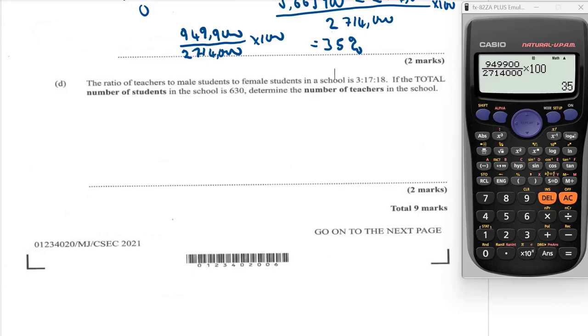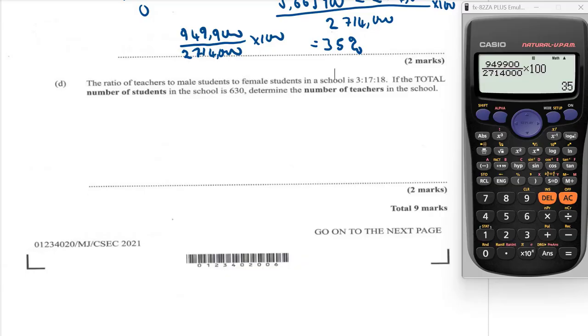The ratio of teachers to male students to female students in a school is 3 to 17 to 18. If the total number of students in the school is 630, determine the number of teachers in the school. Let's read our question again.